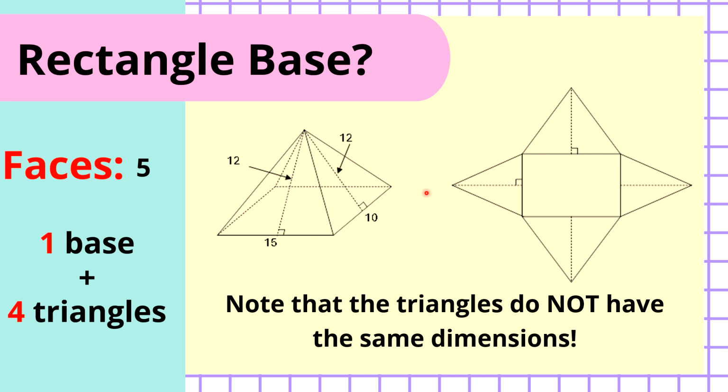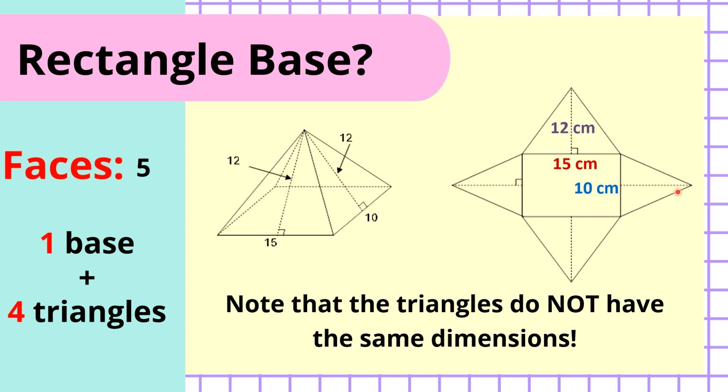Now let's take a look at the dimensions. Over here, you notice that the breadth of the rectangle is 10 centimeters and the length of the rectangle is actually 15. Now, how about the height? The height of the triangle is the same, which is 12 centimeters throughout.